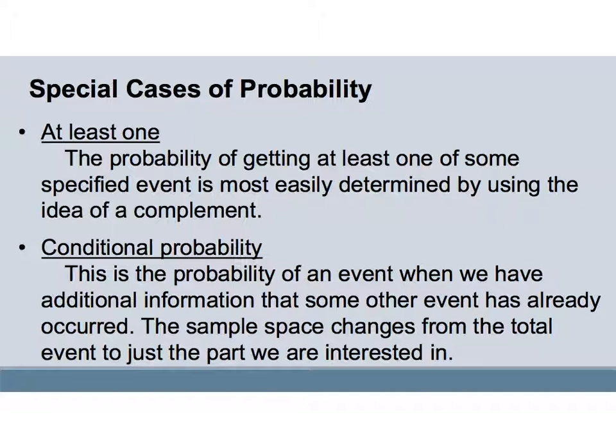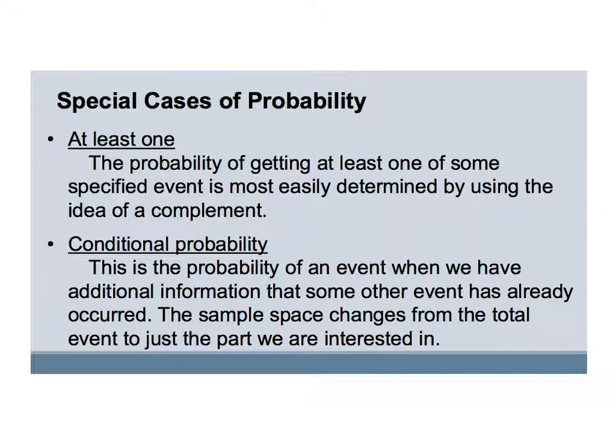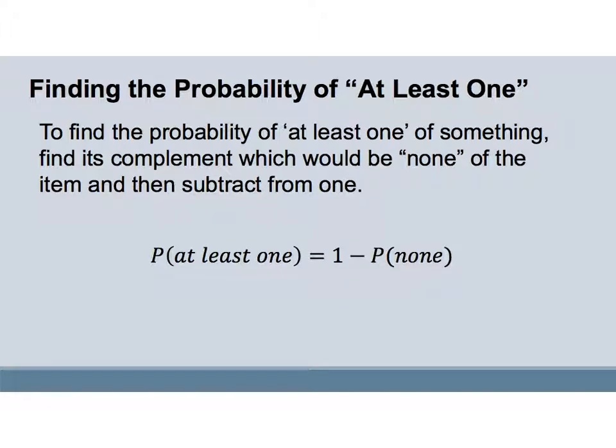Okay, so some other cases of probability. At least one is the probability of getting at least one of some specified event, and it's easier to do if you think complement. And conditional probability is the probability of an event for which we have additional information that some other event has already occurred, not individually.